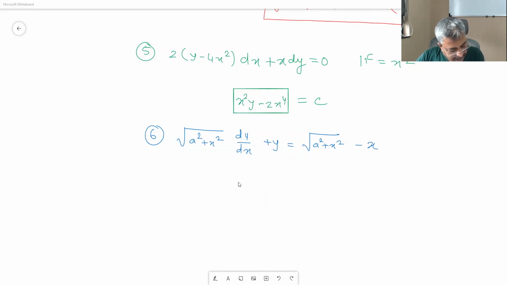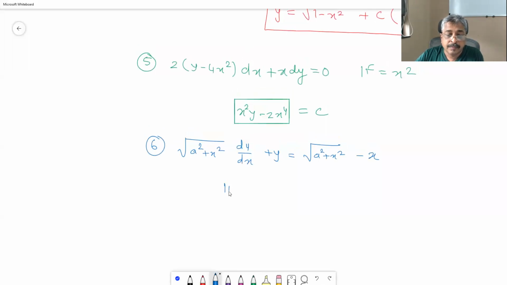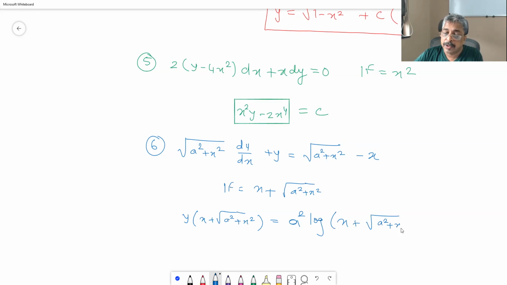Integrating factor is x radical a square plus x square. And the answer is y into x plus radical a square plus x square is equal to a square log x plus radical a square plus x square plus c. Is it correct? Okay.